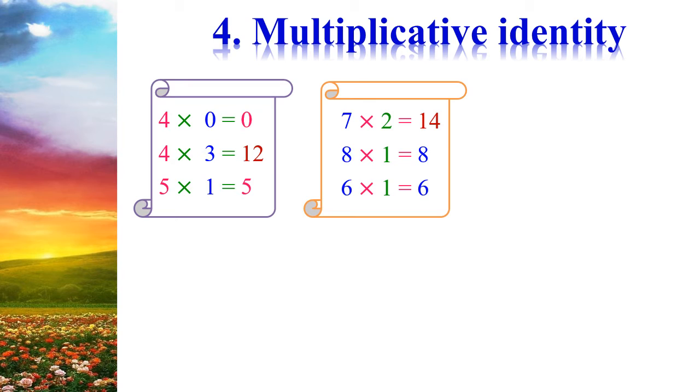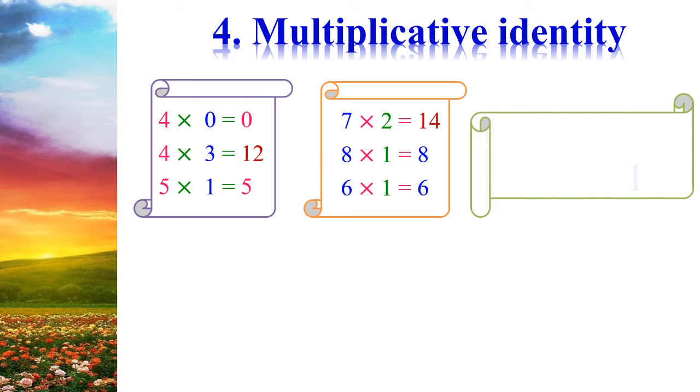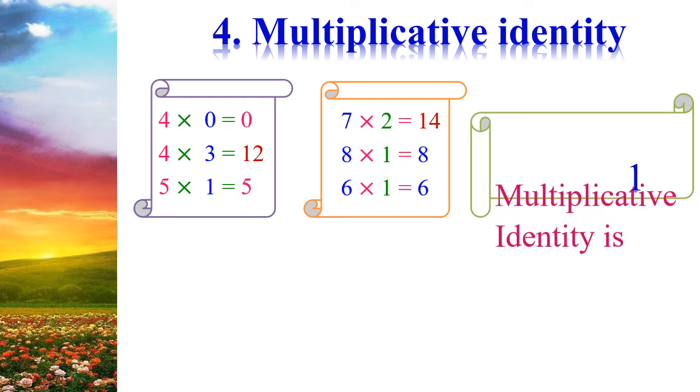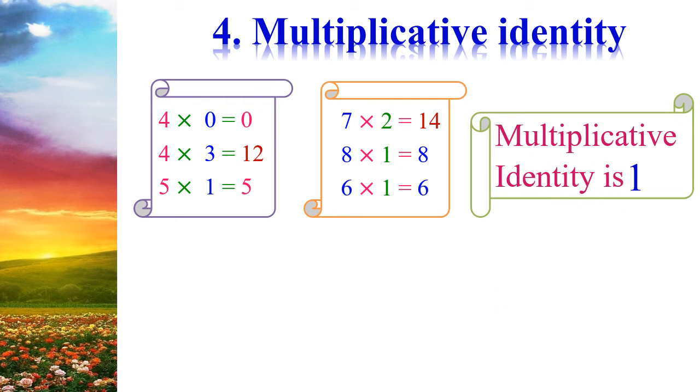Here, which number is multiplied? We get the same number with 1. Therefore, the multiplicative identity is 1.